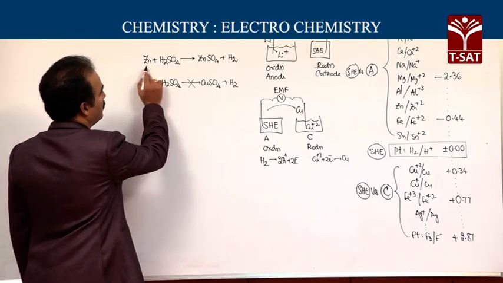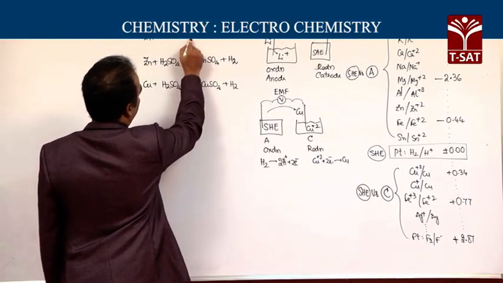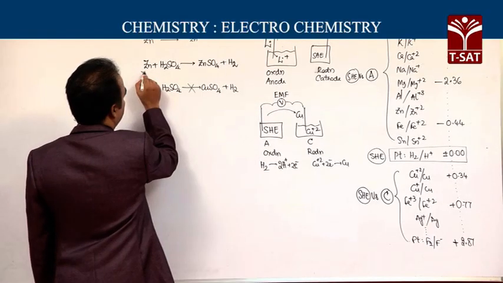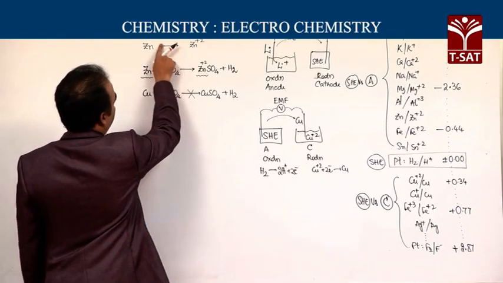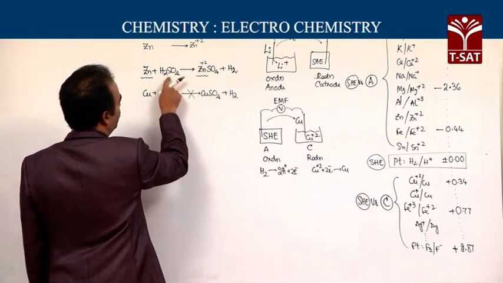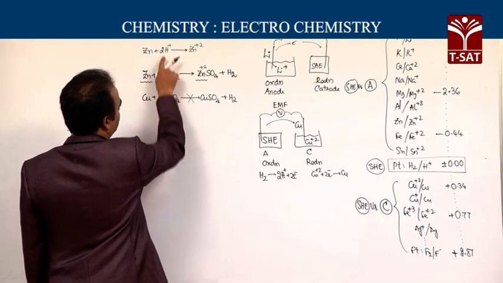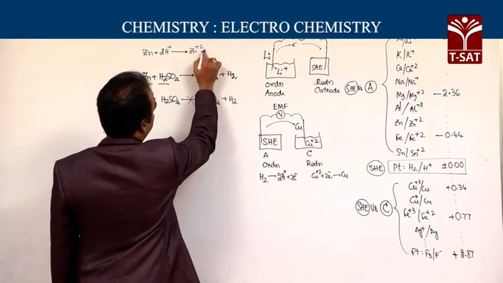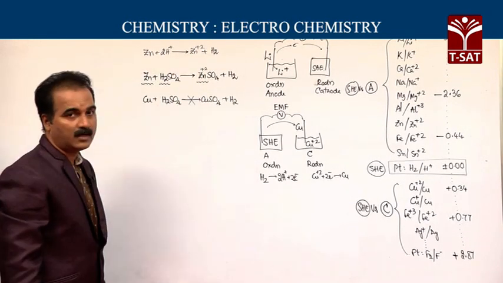The reason is what? Here zinc is undergoing oxidation, and simultaneously H plus ions are there. So, 2 H plus ions are undergoing reduction to H2. Does this reaction occur or not?